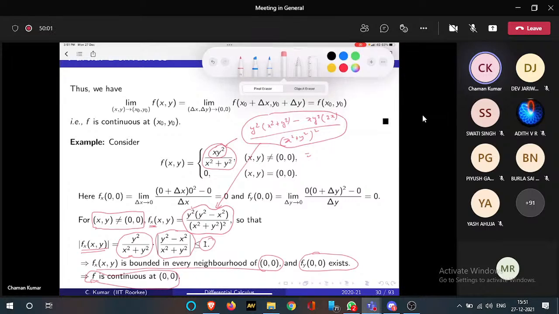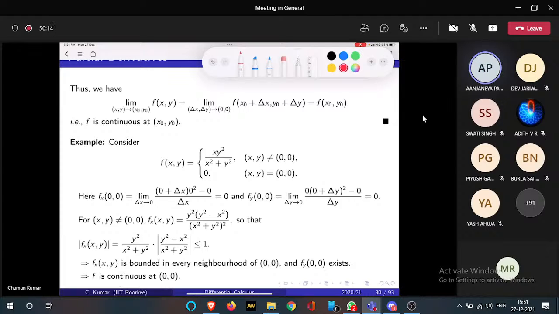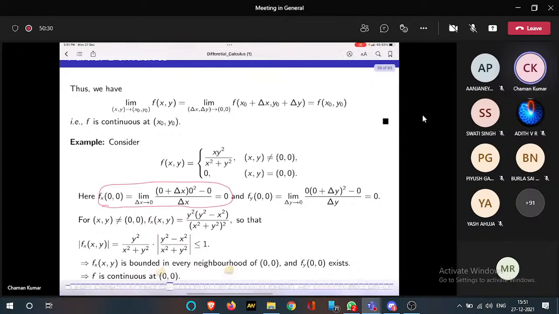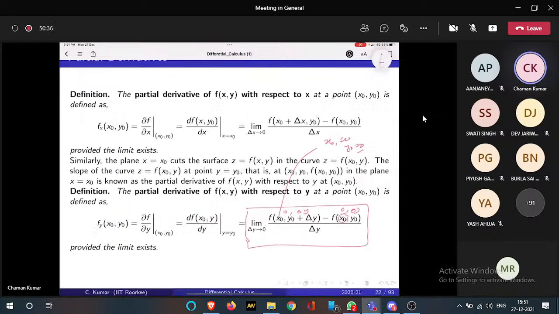Fine. So what have you calculated above this, the f_x(0, 0)? Sorry, what I have calculated here? Sir, above this statement, f_x(0, 0) equals to. This is the partial derivative of f with respect to x. Can you explain how this came out to be this? So let's go back to the definition of the partial derivative with respect to x. This is the definition.